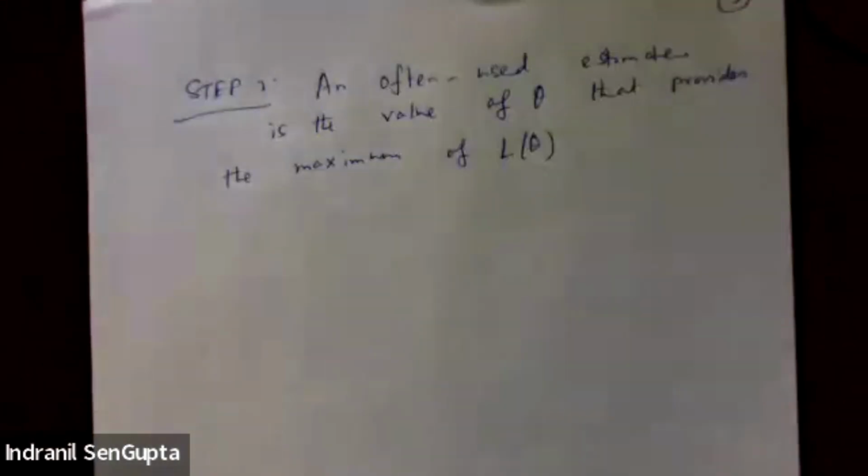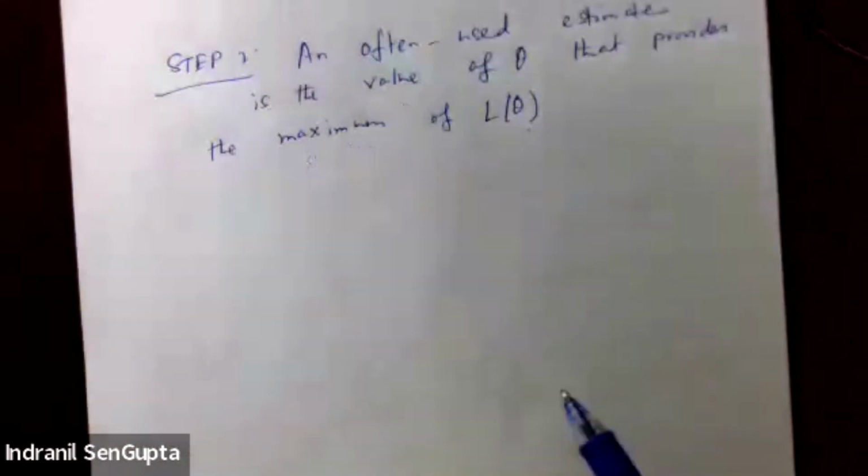It's a problem from calculus. You have a function L, the likelihood function, and you're trying to maximize it.